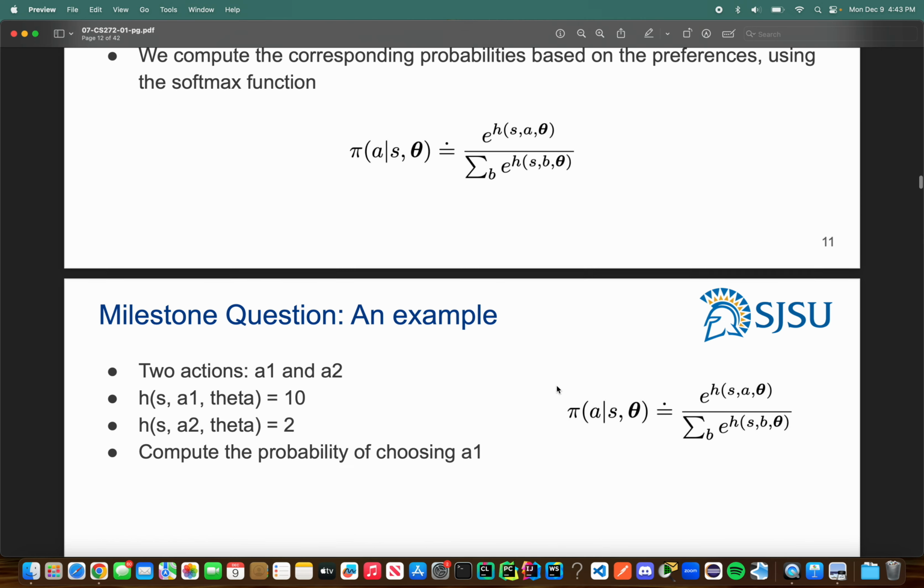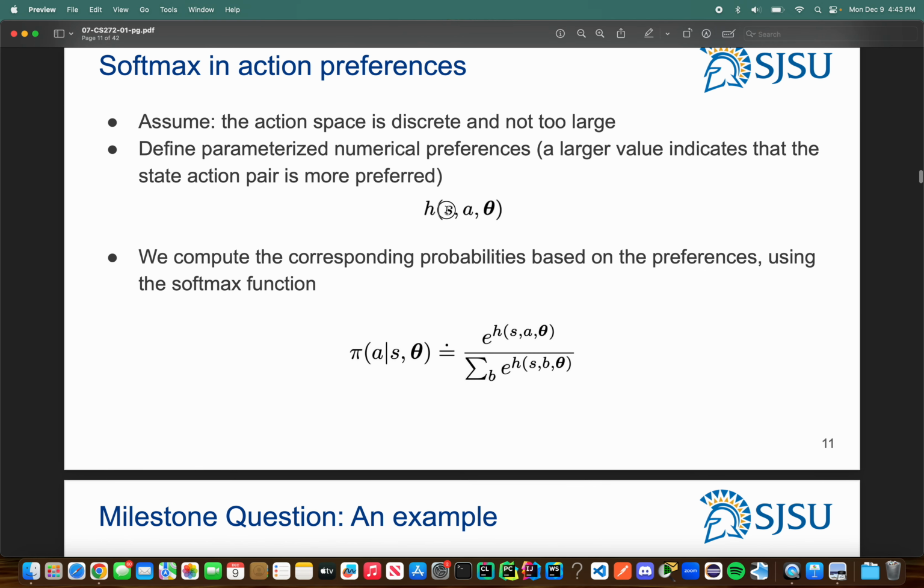And up here, you're basically taking that preference and exponentiating it to the base e. I'm not sure if I said that correctly. And then you're dividing it by e to the preference of all the actions possible from that state. So that is a way to indicate the preference for an action over the preference for all the actions available from that state.